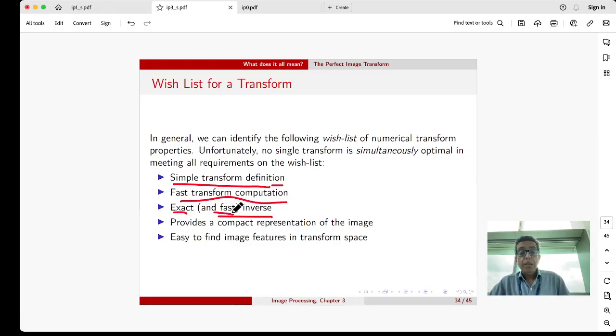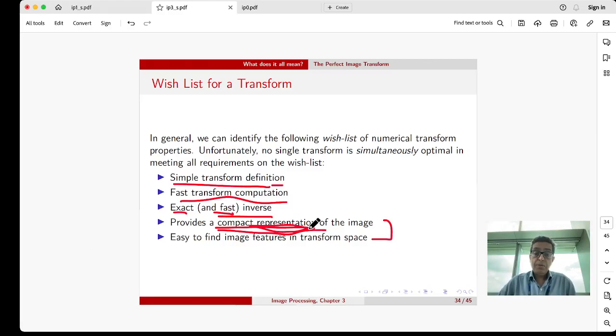And the last two properties are actually sort of optional, and they depend on the context of use. So sometimes you want the image transform to provide a compact representation of the image. So for example, if you are doing image compression, then something known as the energy compaction property of the image transform is very important.